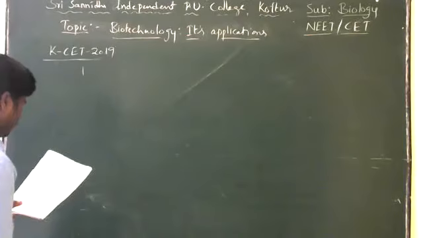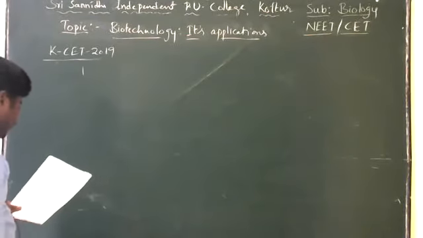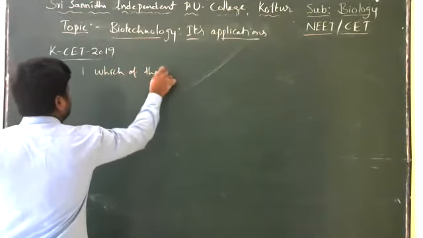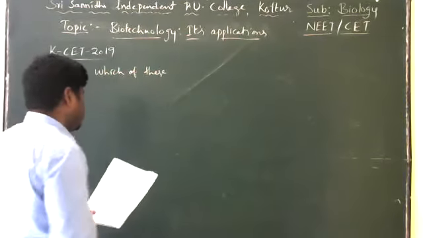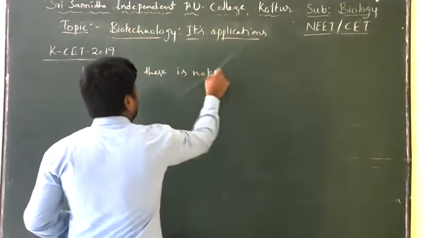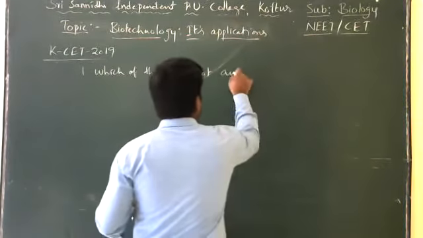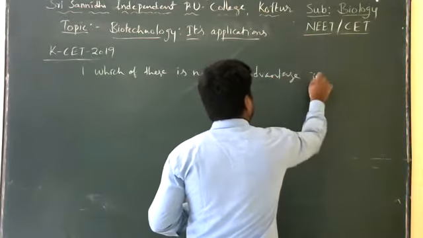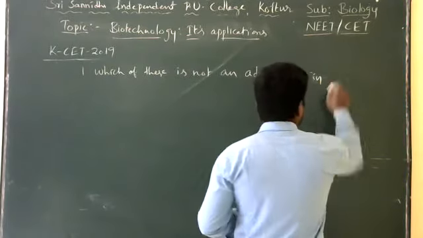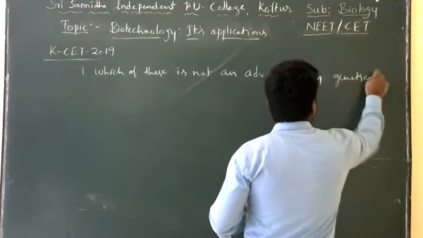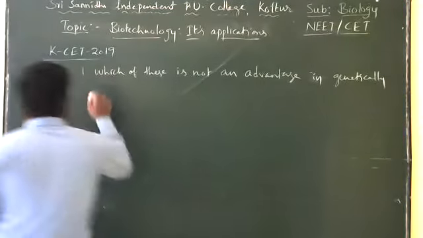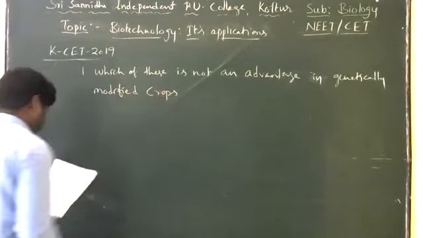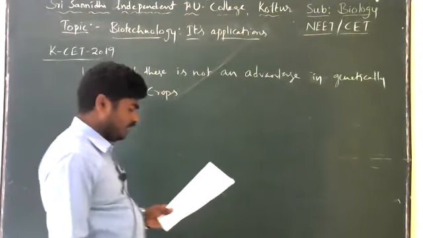Next, if you see the 2019 questions, how they are asked. First one: which of these is not an advantage in genetically modified crops?